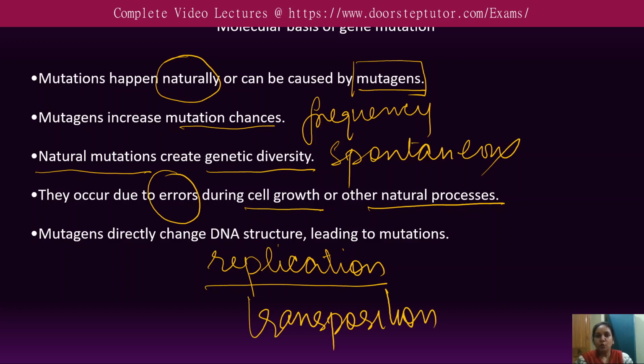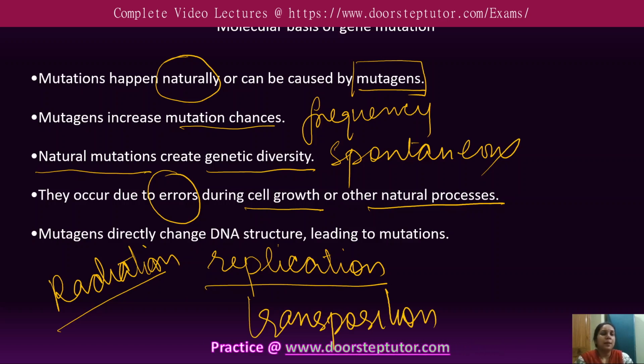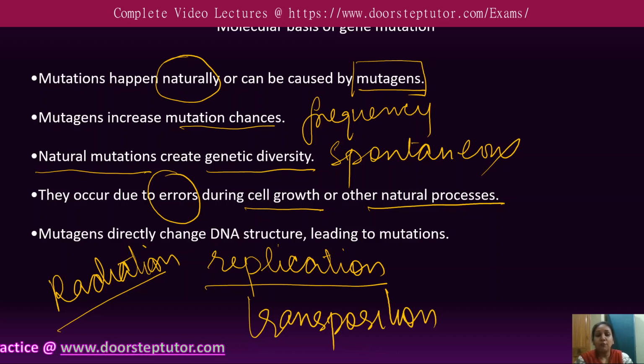Mutations can cause permanent changes in the DNA sequences. A mutation can be caused by errors in DNA replication. They can also be caused by exposure to radiation, like UV radiation, some ionizing radiation, some harmful rays.